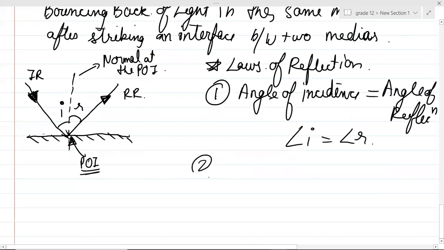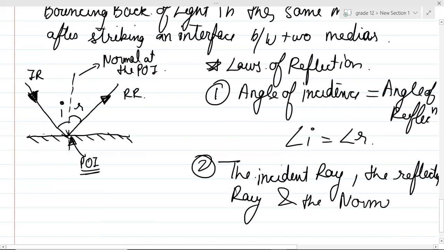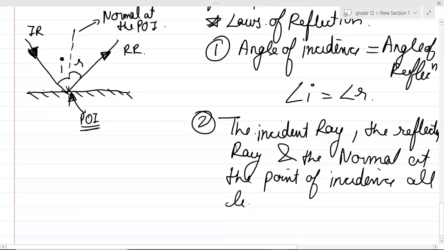The second law: the incident ray, the reflected ray, and the normal at the point of incidence all lie in the same plane, and that plane is basically called what?